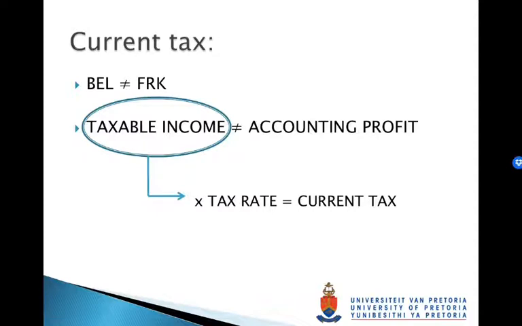And current tax in terms of FRK is your cash flow, because the current tax is what you're going to pay to SARS. It's what you owe to SARS that you've calculated based on your taxable income. That means it is an outflow of resources that went out of your bank. That means the current tax payment that you make, you will use that amount in your cash flow statement.